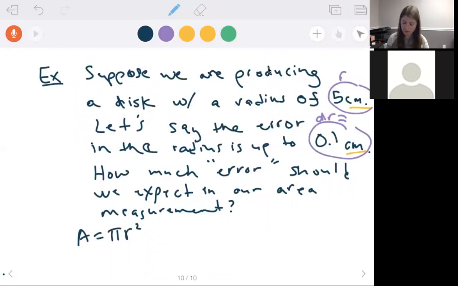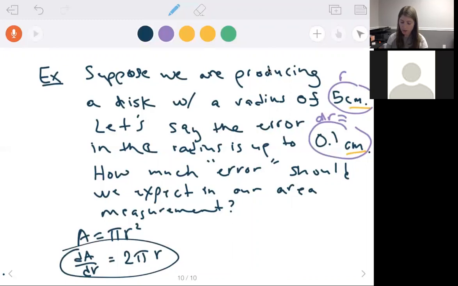Now, even though it's related to our ideas in implicit differentiation, we're not going to take the derivative with respect to t. We're just going to do dA/dr. Kind of that first step that we were doing in the previous. So if you have dA/dr equals 2 pi r, this means that the dA, if you're just solving for the dA, think about this like a fraction. If this were 2/3, you could multiply through by 3.